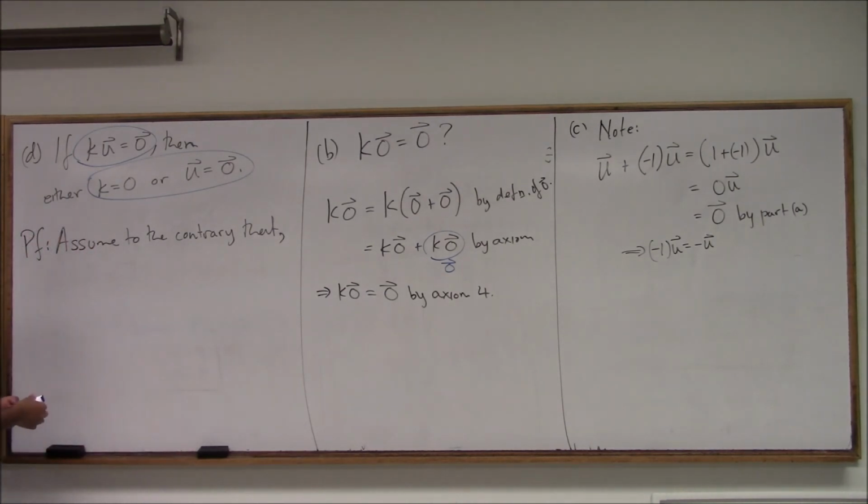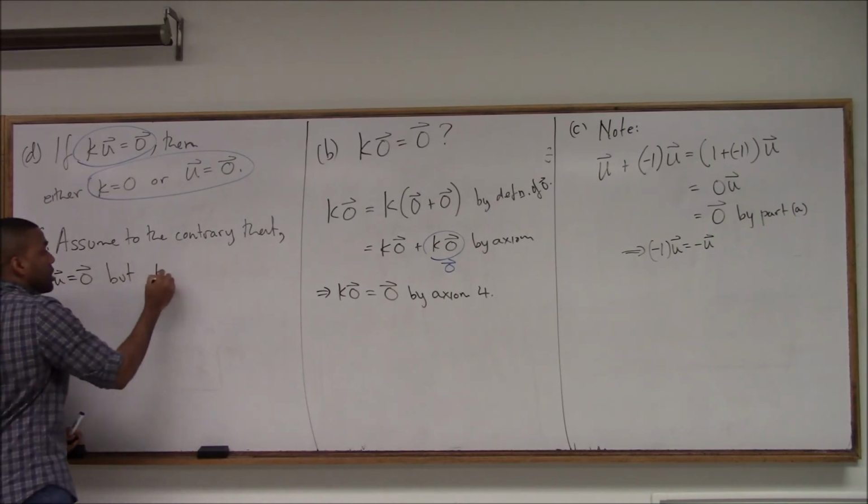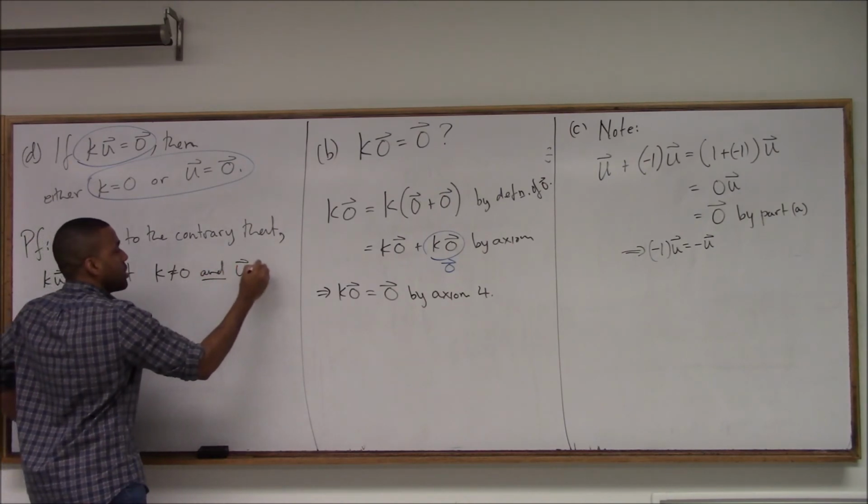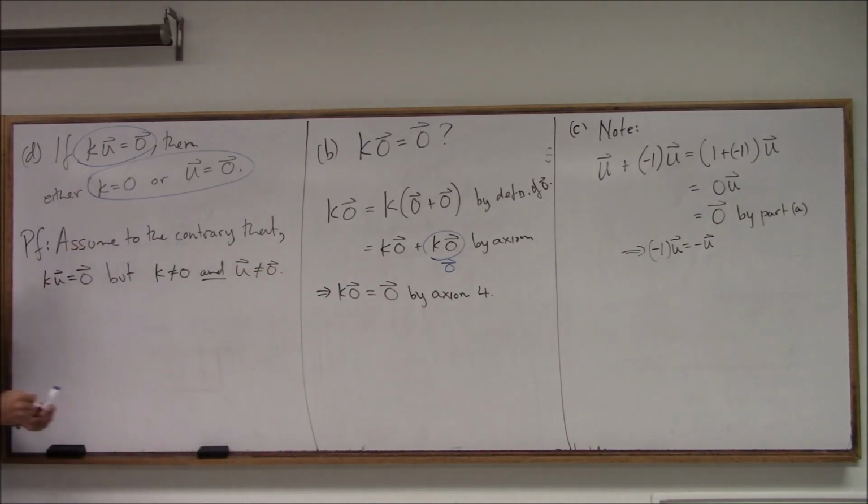So what I'm going to do is assume that k times u does give me the 0, but what's the opposite of this? What's the negation of either k is 0 or u is the 0 vector? K is not 0 and u is not the 0 vector. So I said either-or needs to be true.